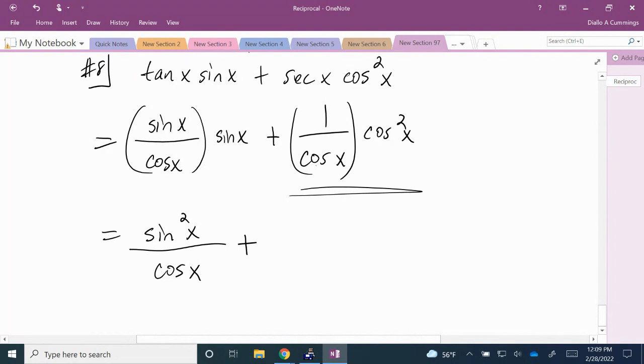So I can actually cancel cosine x, and I can cancel one of the cosines from the cosine squared. Right, so that's going to leave us with cosine x.